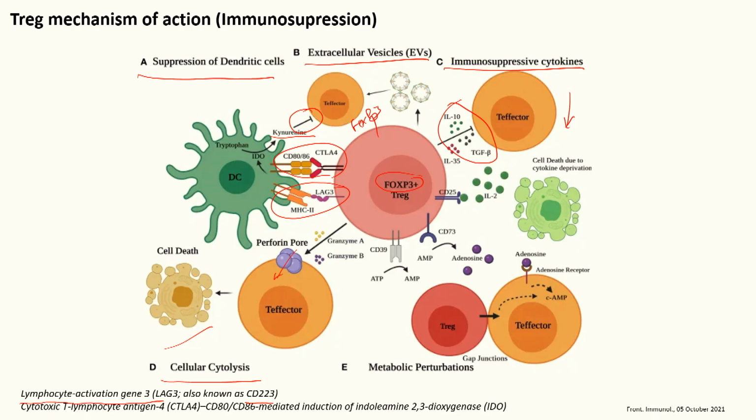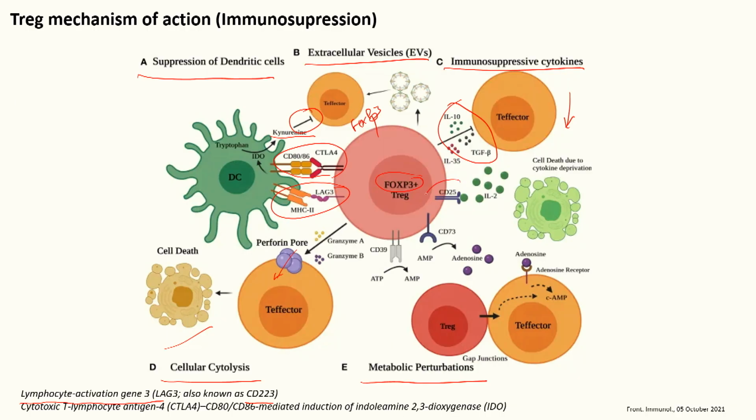The other very important pathway is metabolic perturbation. FOXP3 cells have multiple ways to suppress the immune response, and one such method is by disrupting metabolism. They can express a receptor called CD25, and this CD25 scavenges IL-2. Once IL-2 is scavenged by CD25, it is not available for T cell proliferation, and there could be death of the T cell.